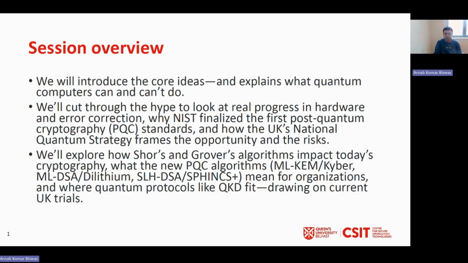So we'll talk about them, and then we'll explore Shor's and Grover's algorithms and why they are impacting today's cryptography, and what we can do using the existing standards, existing solutions, and what is usually advisable or recommended by NIST and different national agencies, including the UK. And some trials are already there in the UK.